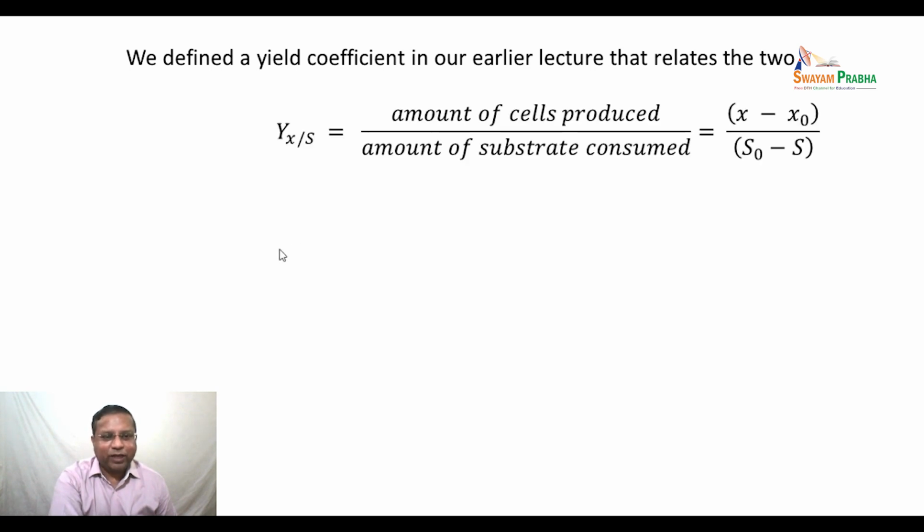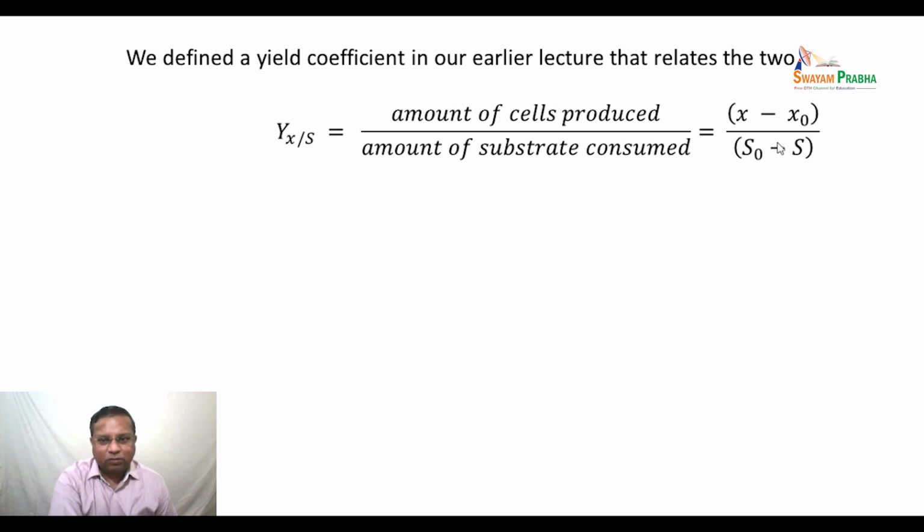We know that Yx/s, yield of cells with respect to substrate, is nothing but the amount of cells produced by the amount of substrate consumed. In terms of the values that we have defined here, x minus x naught is the concentration of cells produced by the concentration of the substrate consumed, S naught minus S.